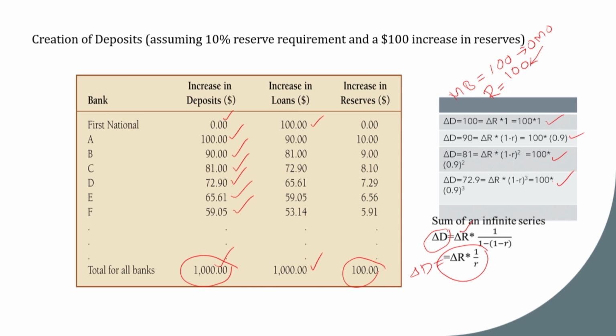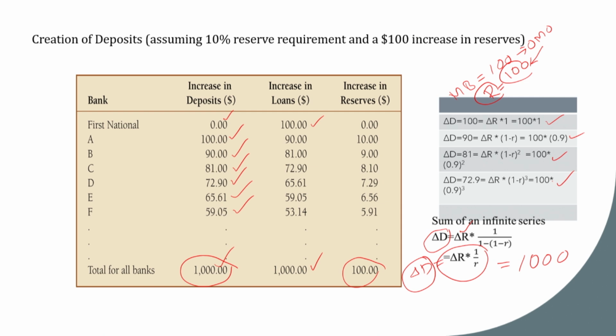So if the cash reserve ratio is 10%, when a central bank does an open market operation with a commercial bank by purchasing a security and injecting an equivalent amount of money into their account in the form of reserve, that leads to an increase of 1 by the reserve ratio times the increase in reserve. You can see that it will lead to 1000 here.